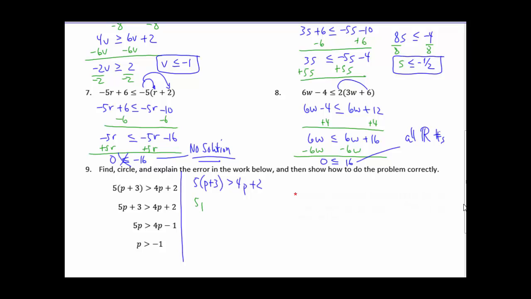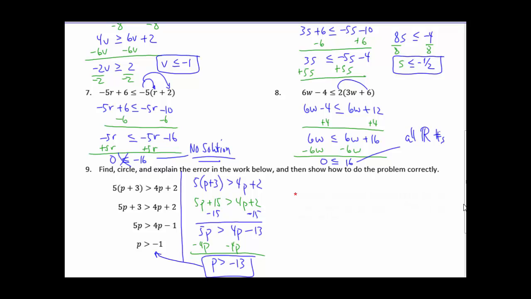So we get 5p plus 15 greater than 4p plus 2. Next step, if we subtract the 15, we're going to get 5p greater than 4p minus 13, negative 15 plus 2. And then if we subtract 4p, hopefully we get p is greater than negative 13. That's what it probably should be. If we look over here, it's not.